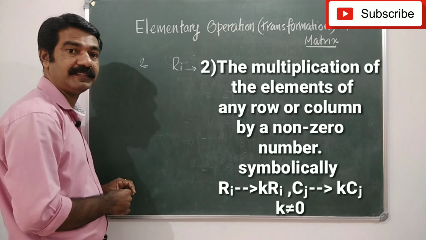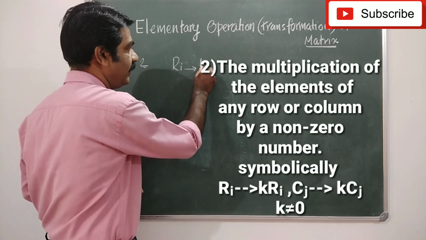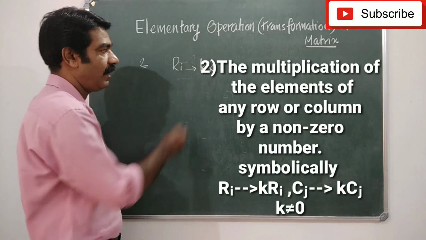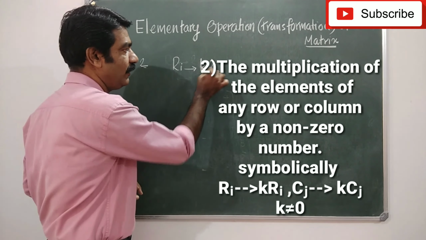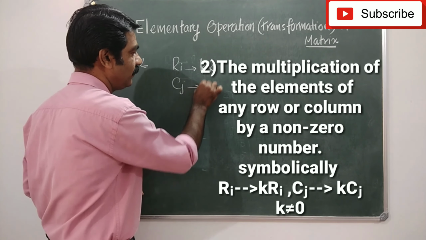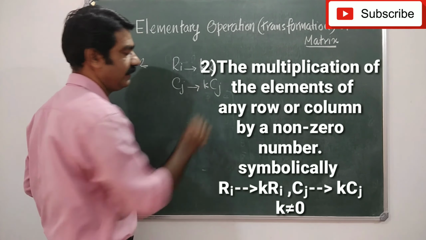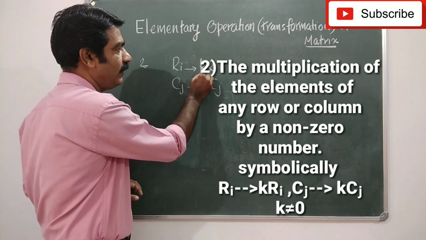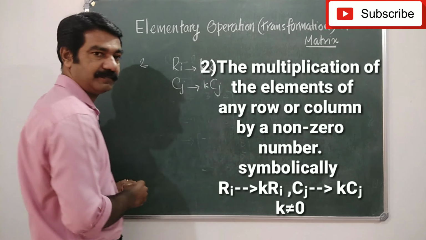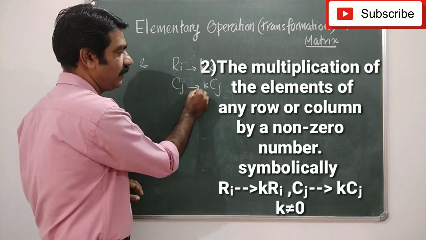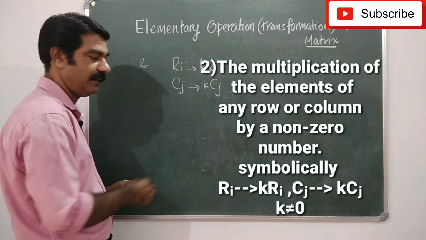We are not interchanging, we are changing Ri into K into Ri, where K is a non-zero constant. Otherwise, Cj changes to K into Cj.